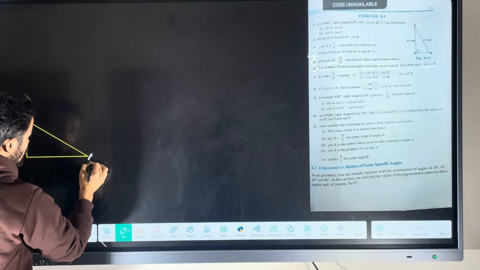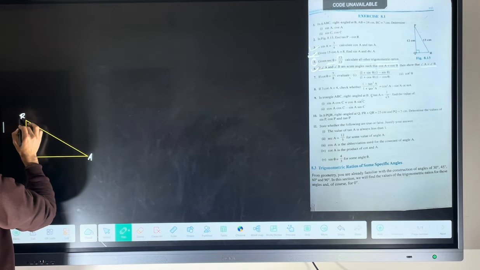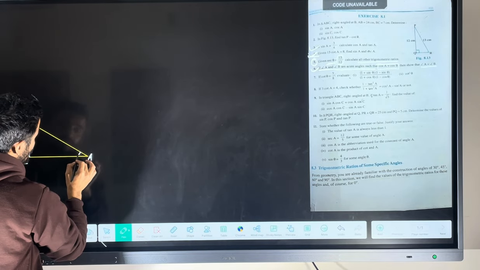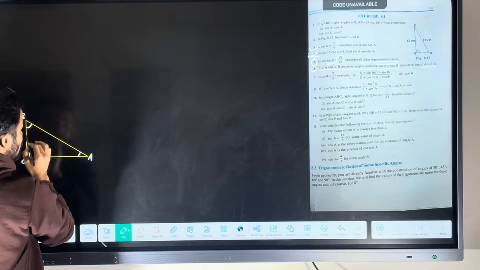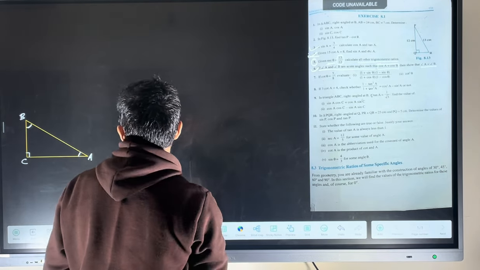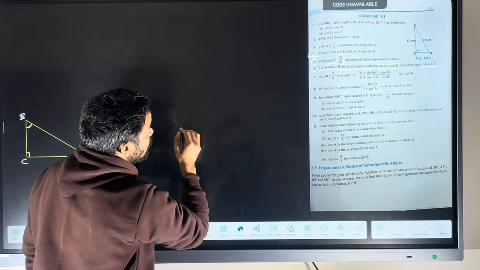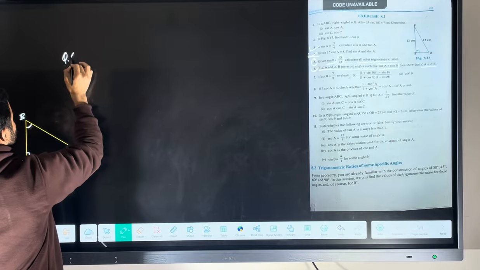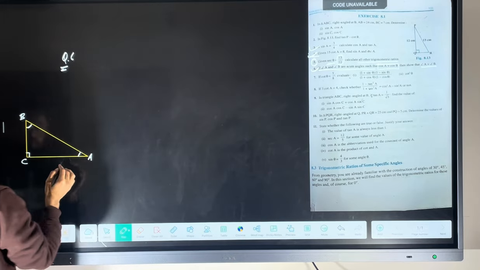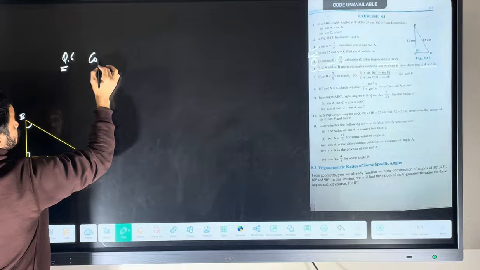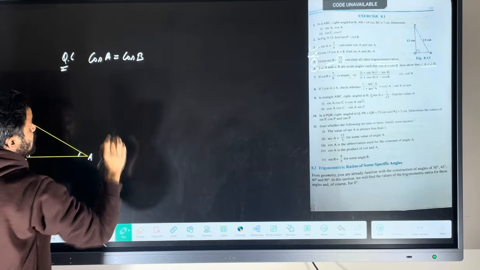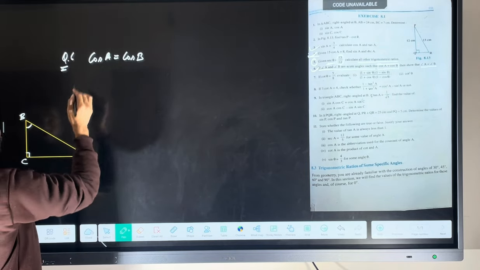Suppose this is angle A, this is angle B, and this will be angle C, because it has said that angle A and angle B are acute angles. Question number 6: it is given that cos A is equal to cos B.